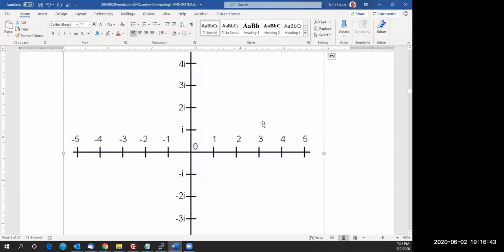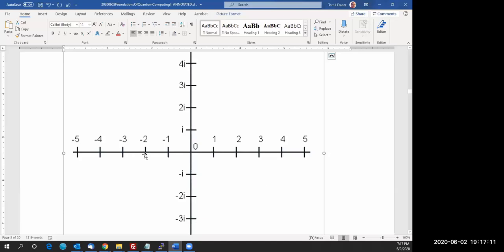If I had minus 1 plus i, the value would be here. The complex conjugate of it would be minus 1 minus i, so the conjugate would be here. So essentially the points flip across the x-axis.